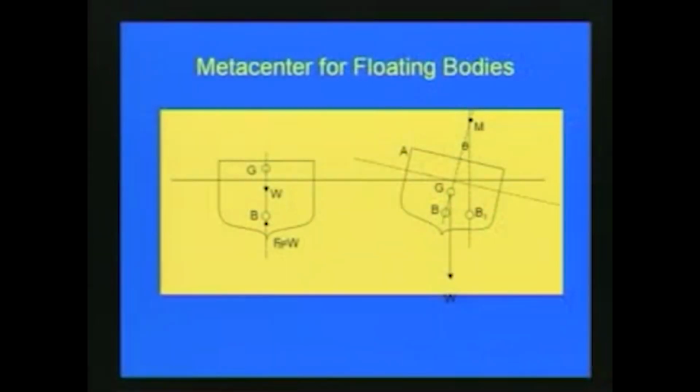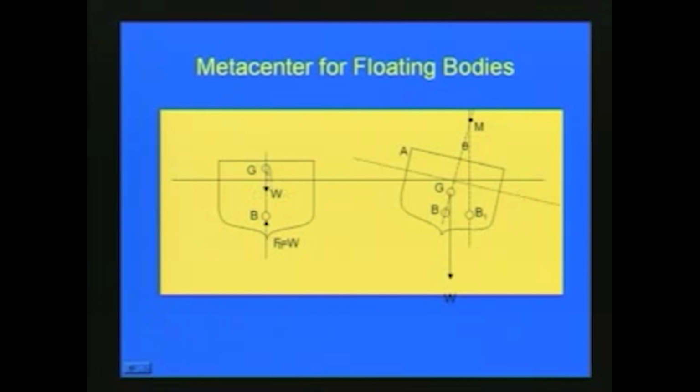Here in this slide you can see a small body or a small vessel floating. The center of gravity of the body is at G, and since it is partially submerged, the center of buoyancy is at point B in this figure.